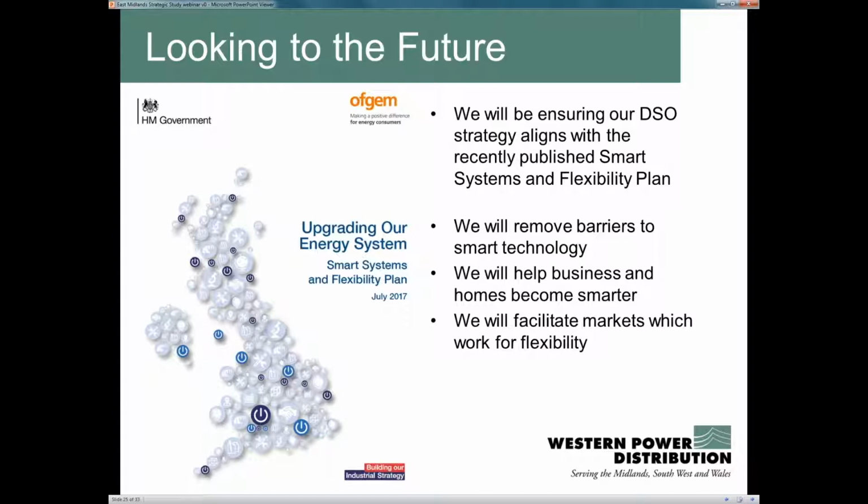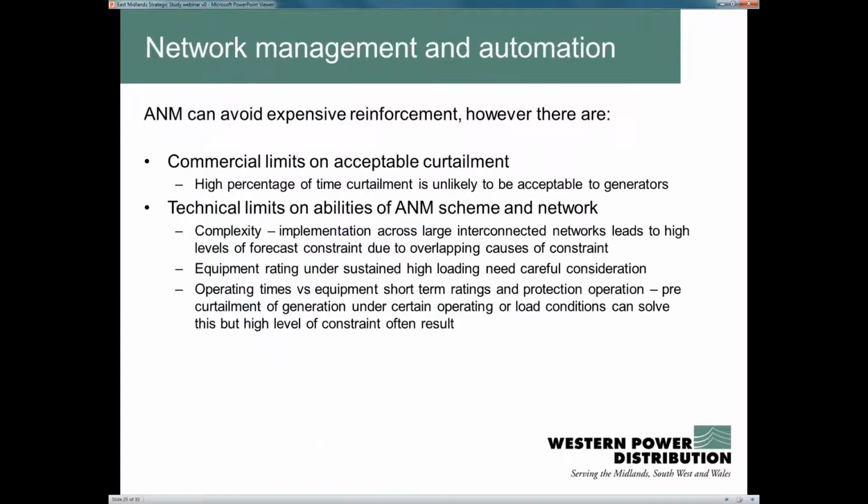So we will definitely be revising our DSO strategy in line with this publication, focusing on its key aims: to remove the barriers to getting smart technology onto the network, helping businesses and homes become smarter, and facilitating those markets which work for flexibility.